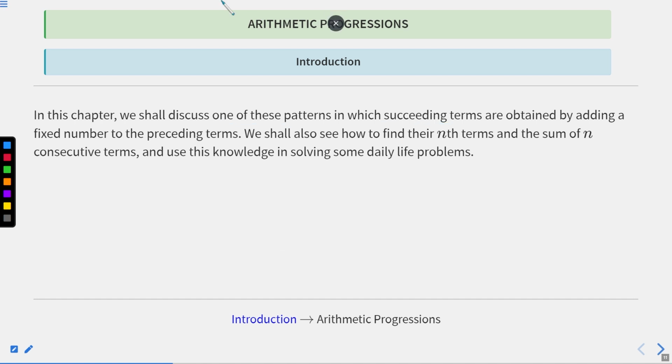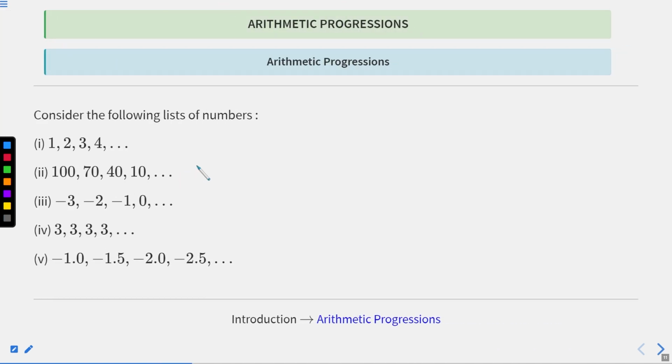So here we consider the following list of numbers: 1, 2, 3, 4, and so on. Can you observe any patterns among these numbers?